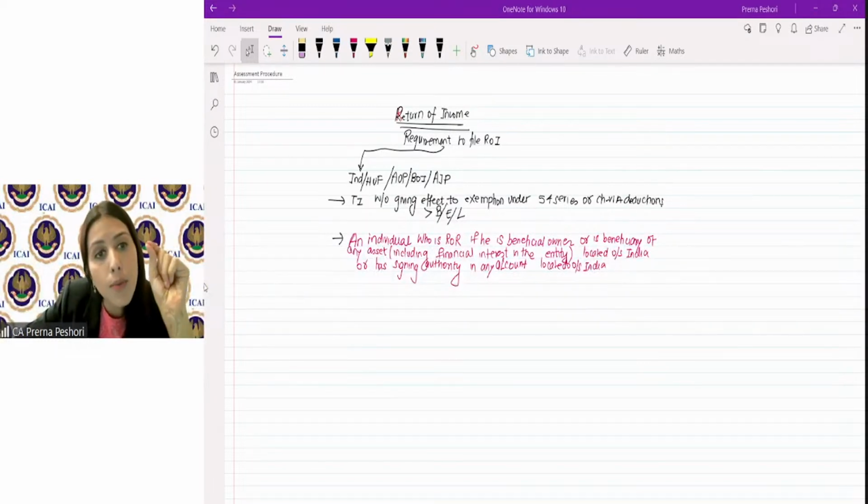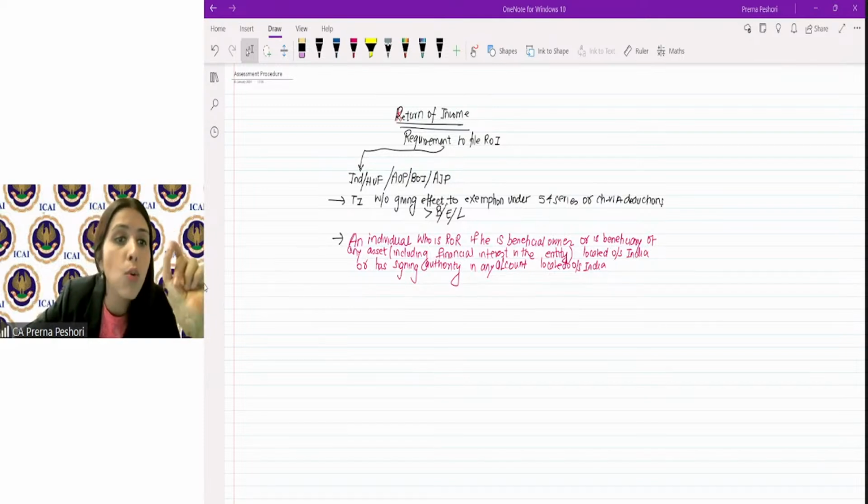And the answer to that will be yes. So even if his total income would be less than the basic exemption limit, but if he is a beneficial owner or is a beneficiary of any asset located outside India, he would be required to file the return of income.